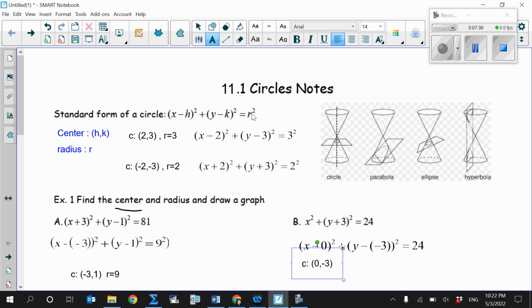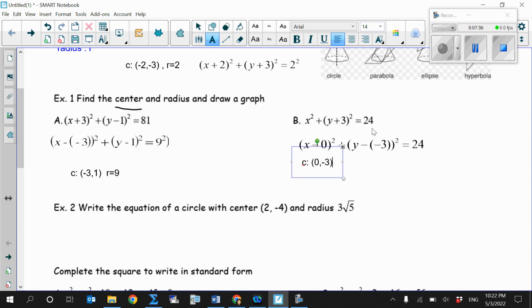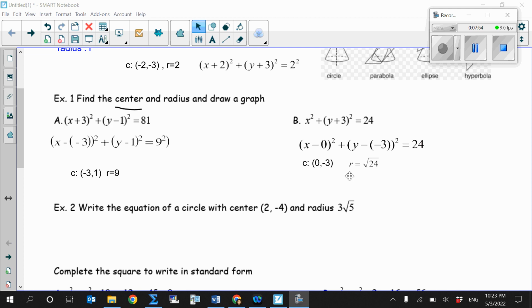As you know, the equation looks like x minus h squared plus y minus k squared equal to r squared. So 24 is r squared, but you know that 24 is not a perfect square. So what I need to do is to just find the square root of 24. And I can just keep it as square root of 24 for the r. So the radius is the square root of 24.